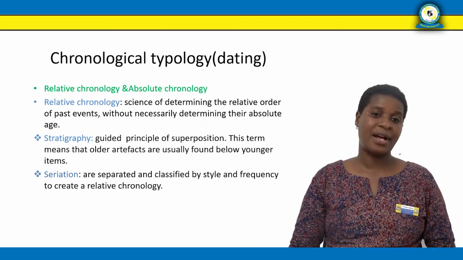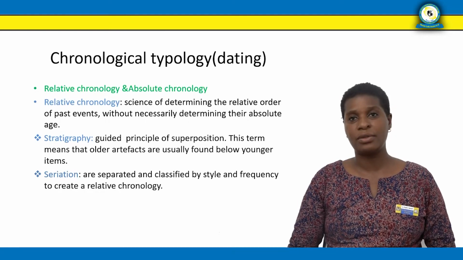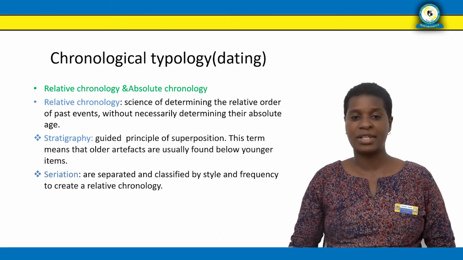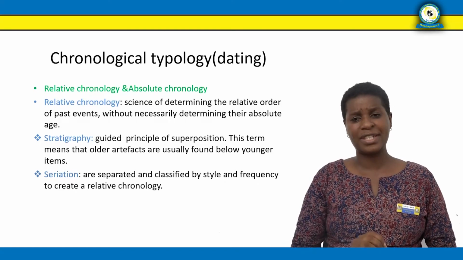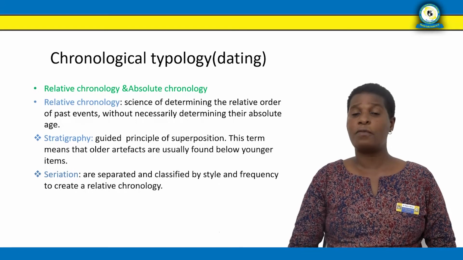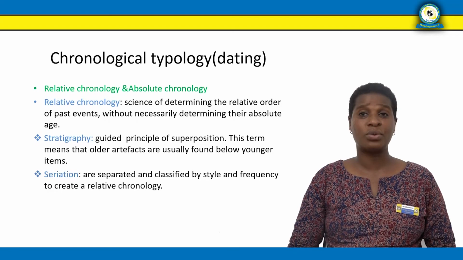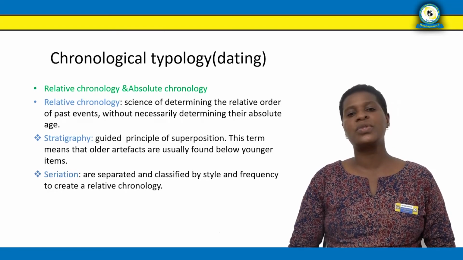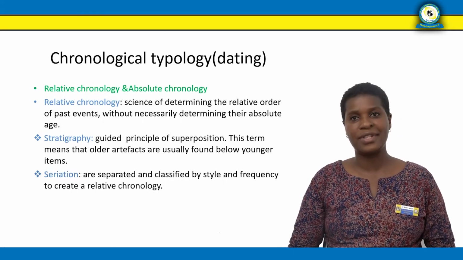There are methods which are used to establish the chronology or the dates of the materials which don't involve the use of numbers, as it is for absolute chronology, as we will see. So it is the science of determining the relative order of past events without necessarily telling their absolute age. So there are ways which can be used now to establish the relative chronology or relative dating.